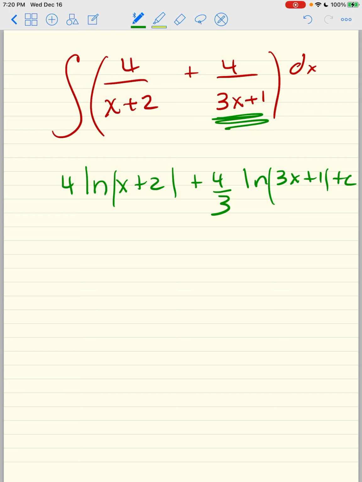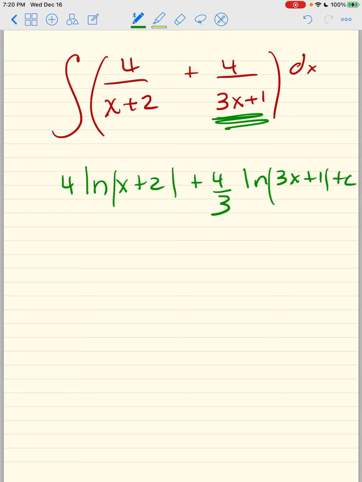I know that x squared minus 1 is the same thing as x minus 1 times x plus 1. So I'm going to set a over x minus 1 plus b over x plus 1 equal to my original question. I need to solve for a and b.